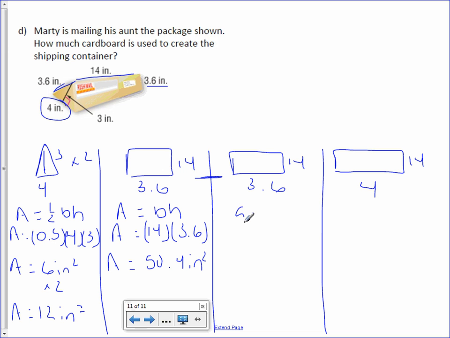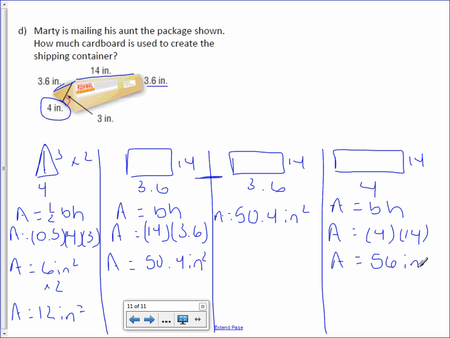And I know this one is also 50.4 inches squared because it's the same one as before. Last rectangle, area equals base times height. Area equals 4 times 14. Area equals 56 inches squared.